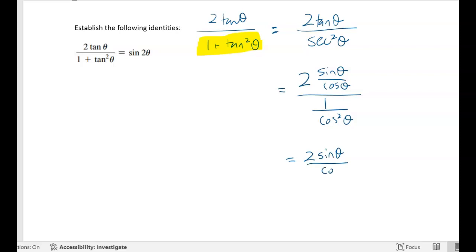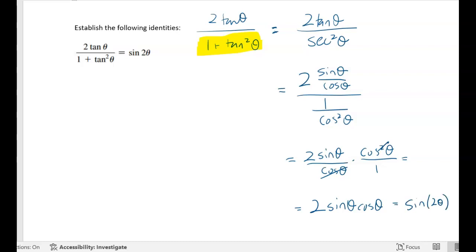Doesn't matter. Dividing by a fraction is the same thing as multiplying by the reciprocal. Okay, if you wanted to show that step, and then there's one of these here, cancels out with one of those, and then you get 2 sine theta times cosine theta, and then you should recognize that as your double angle sine 2 theta, and we're done.